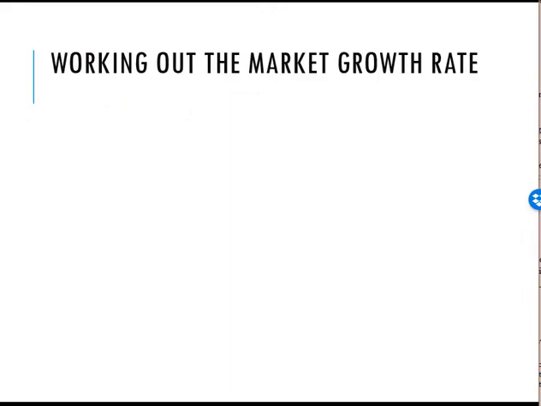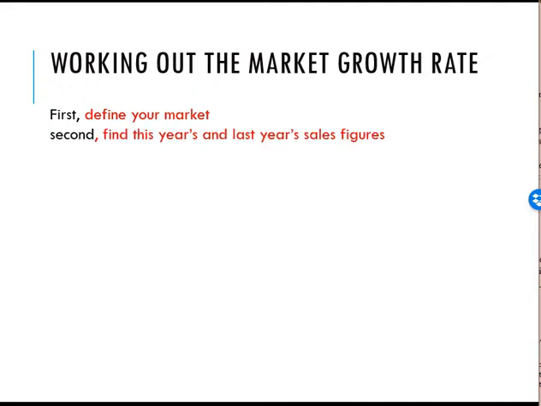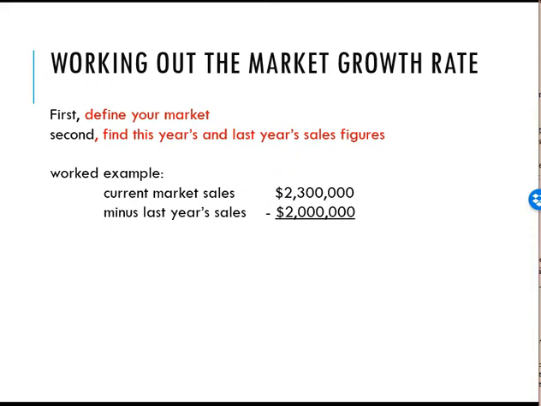Your book actually gives an example, and your next test will have one as well, of how to calculate the market growth rate for an industry. Well, first we define your market by finding this year's and last year's sales figures. And so let's say your current market sales were $2.3 million minus last year's sales. That would mean that you have a sales increase of $300,000.